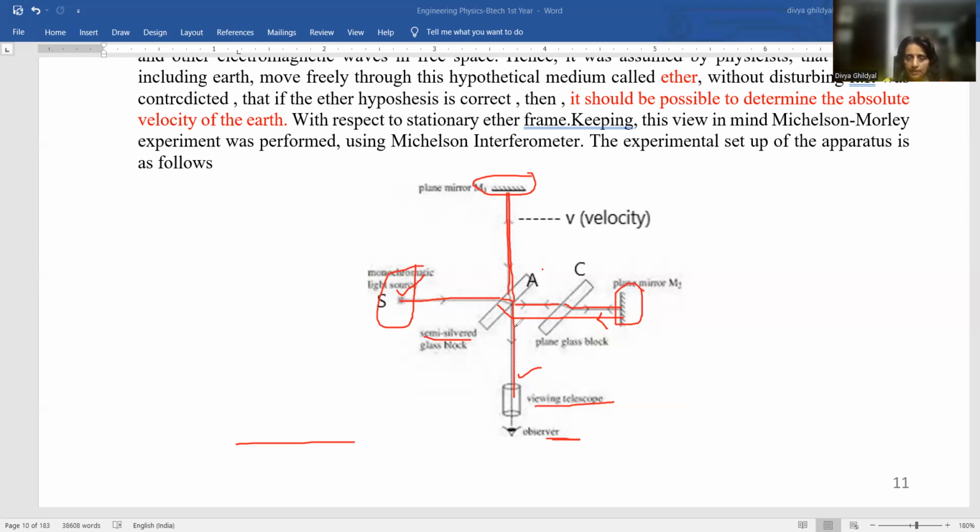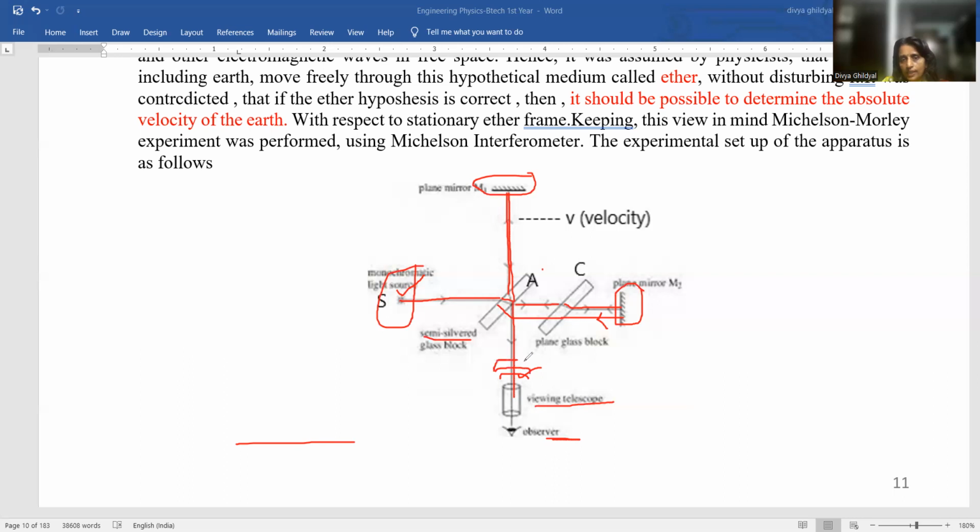Now, what has happened? We have got rays of light originating from the same source, giving rise to coherent sources and having a path difference before reaching my telescope. So the condition for an interference pattern is getting fulfilled, and I will now start observing fringes here.